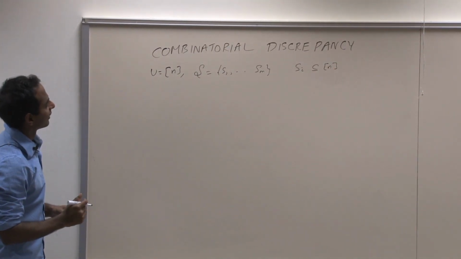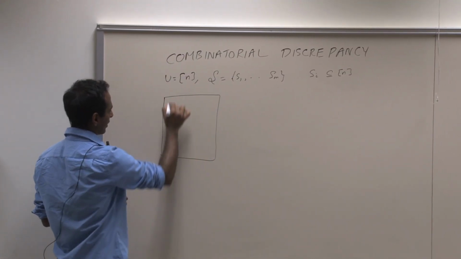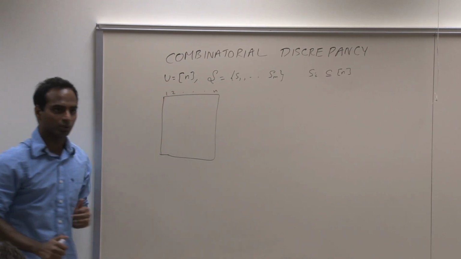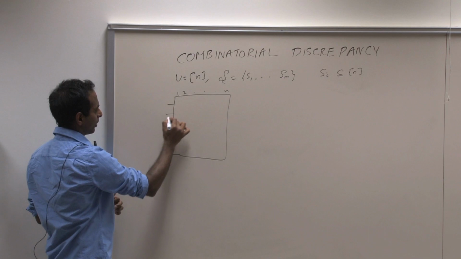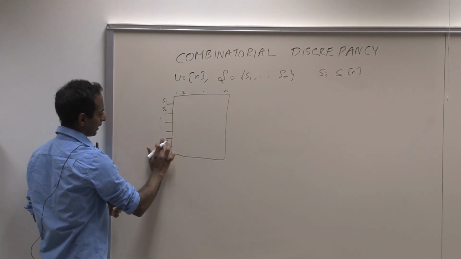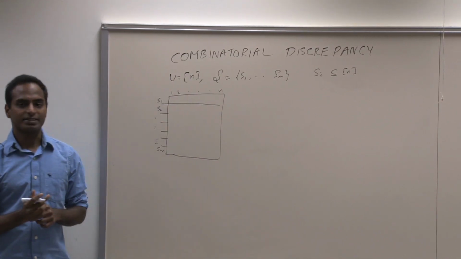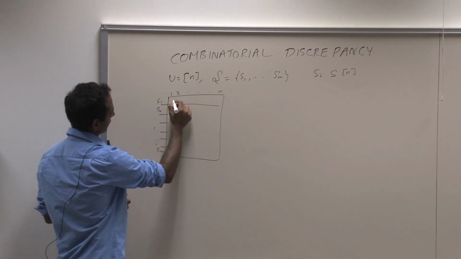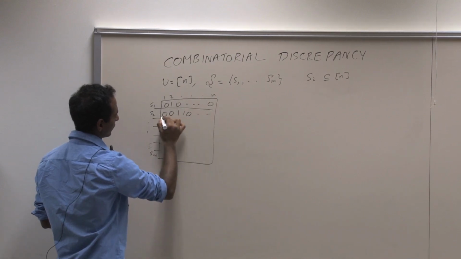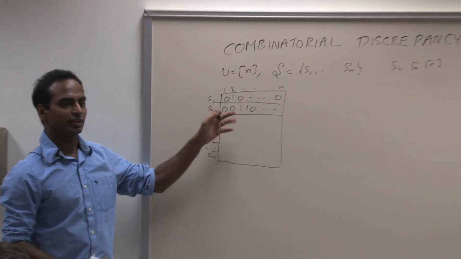You can visualize this by drawing a matrix. You have 1 through n here. These are the columns corresponding to the elements of the universe, and the sets you can denote by rows. So you have S1, S2 up till Sm, and you write down the indicator vector for the set i. For example, this could be something like 0, 0, 1, 1, and so on. You put a 1 whenever the element belongs to the set, and 0 if not.